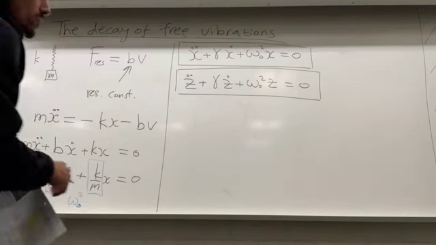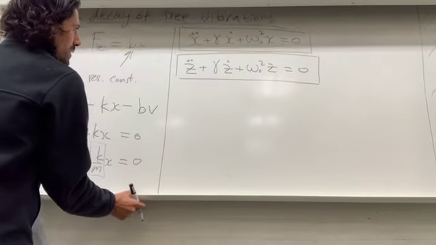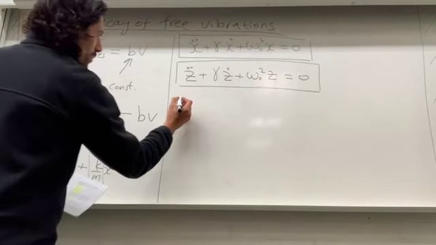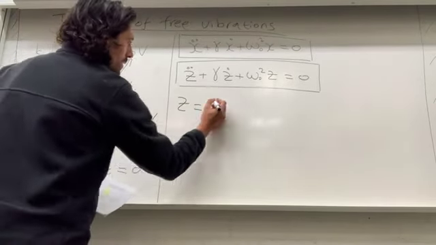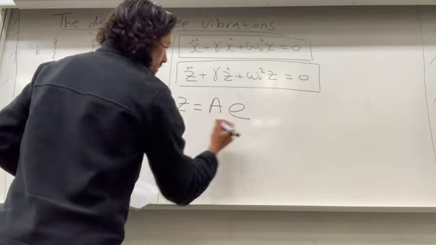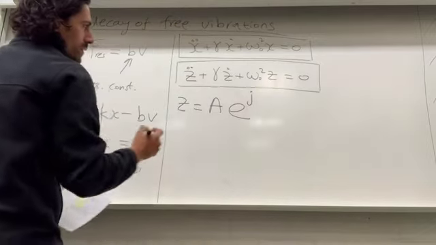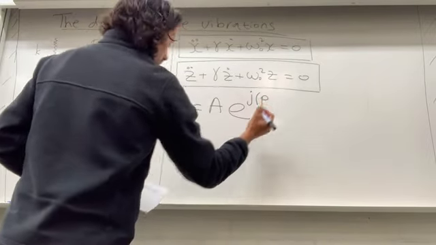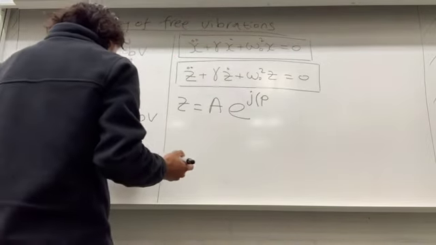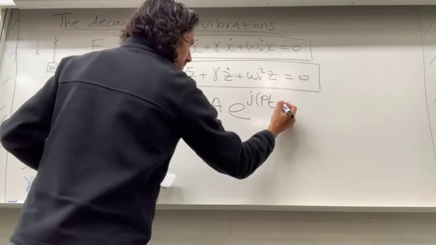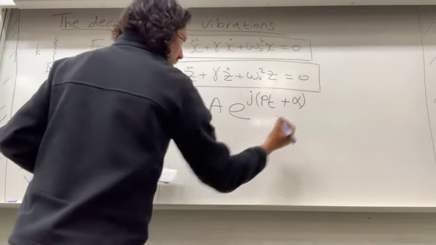I can assume a solution for this equation. The solution would be in the form of some amplitude A times e to the power j times pt plus alpha.